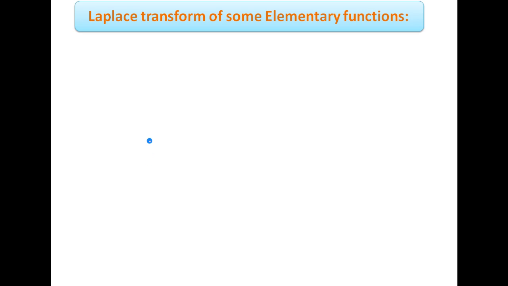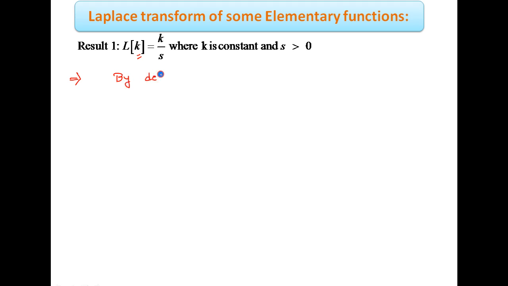So the first result I am going to prove here is the Laplace transform of the elementary function for constant k. Now by the definition, Laplace of f of t is equal to integration 0 to infinity e to the power minus st f of t dt.